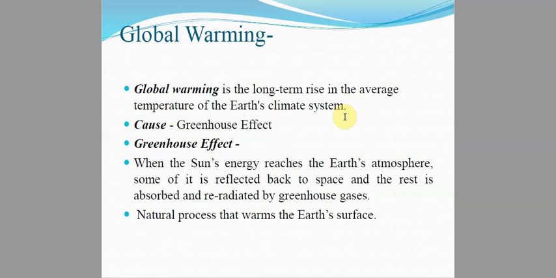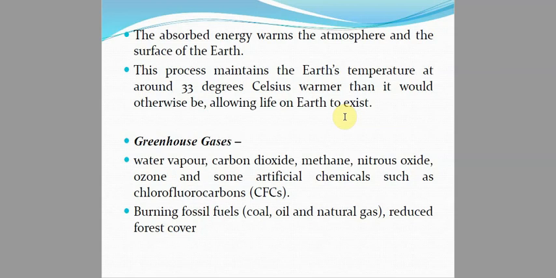So natural process that warms the earth's surface is called as greenhouse effect. The absorbed energy warms the atmosphere and the surface of the earth. Because of the reflected sun rays, the surface of earth and the environment of the earth warms up. So this process maintains the earth's temperature at around 33 degrees Celsius, warmer than it would be otherwise.